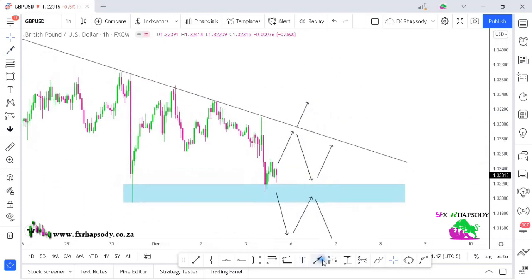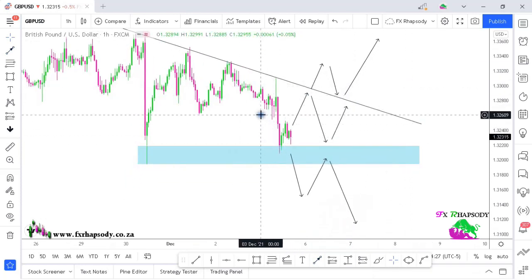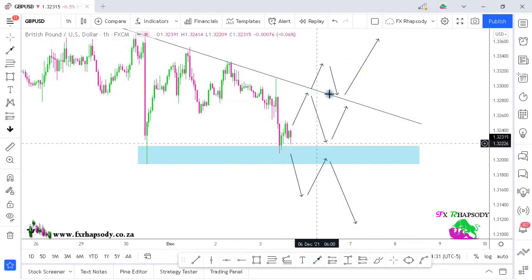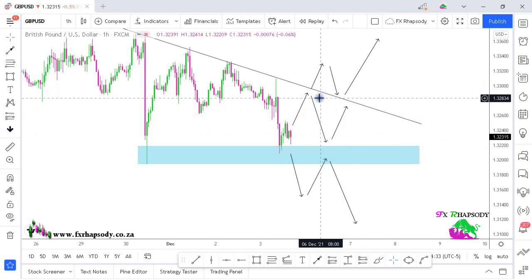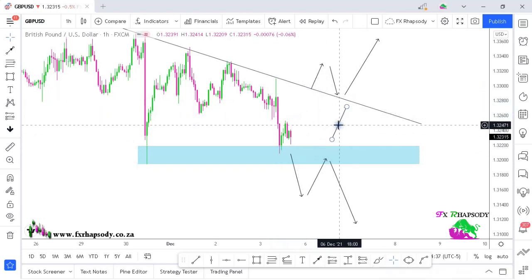So that is what we're going to look at. A lot of arrows, but I hope you see what I'm looking at. So either price is going to bounce in between for this coming week until it breaks. I'm just going to take this out so it doesn't look so confusing.